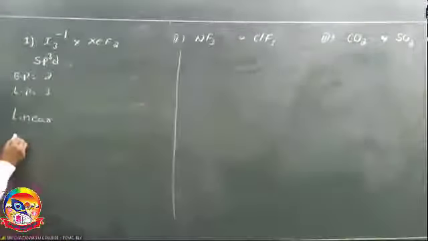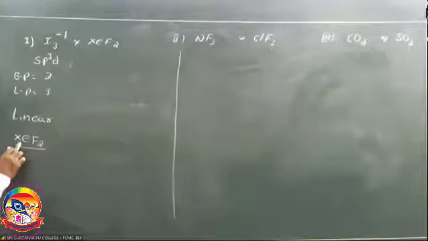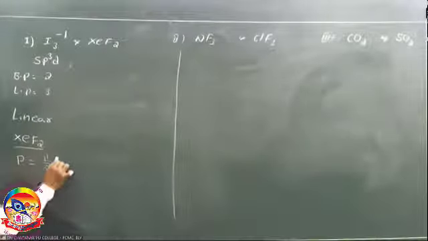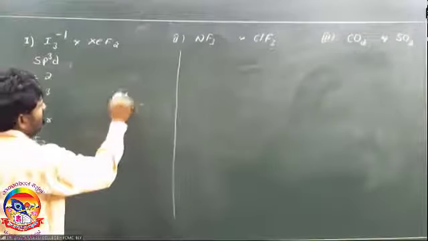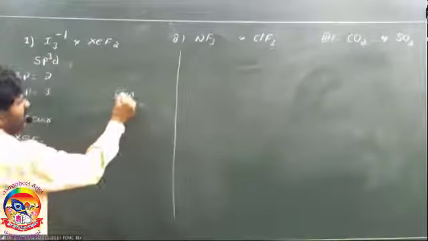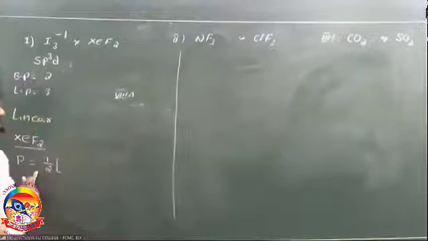Next, XeF2. What is the central atom in xenon difluoride? Xenon is the central atom. First find P. P is equal to half into group number. Xenon belongs to the 8A group, the zero group elements. The 7th group elements are called halogens.